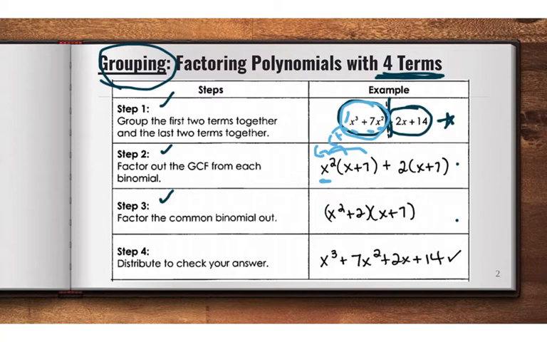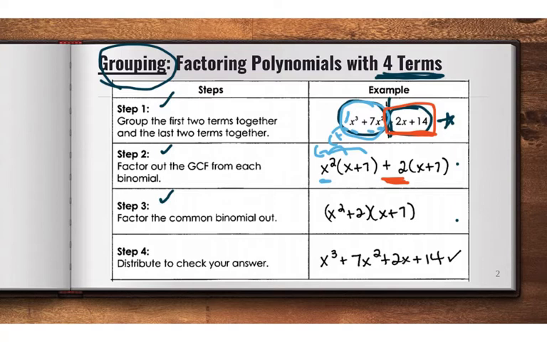Now I'm going to focus on the second pair, right? So here I have a positive 2x and a positive 14. So I look at the variables and I only see x with the 2. Because I don't see it with the 14, it is not a GCF that's a variable for these two terms. So now I look at 2 and 14. And 2 is the GCF.